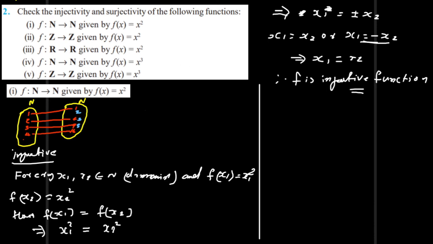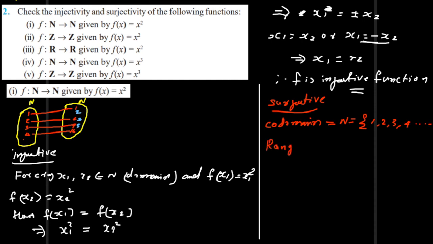Then next you can check surjective function. We suppose, what is the codomain? Codomain of f is N, the set of all natural numbers 1, 2, 3, 4, etc. Then what is the range?